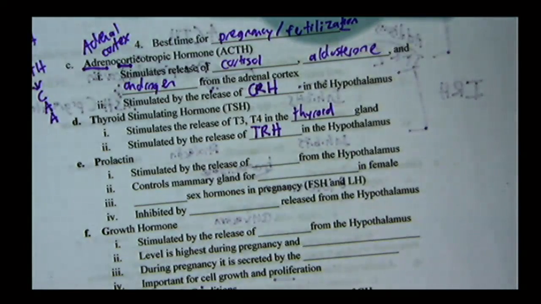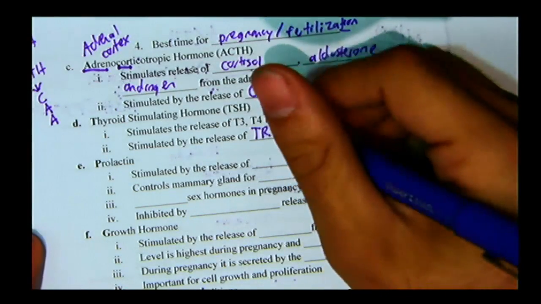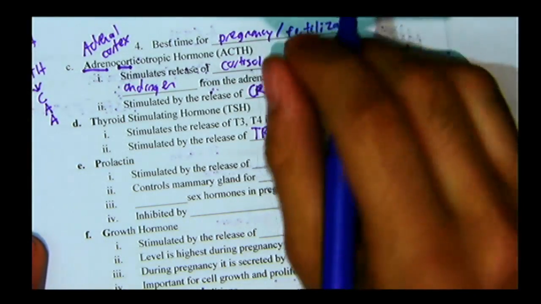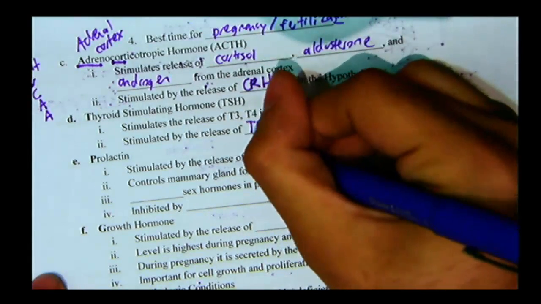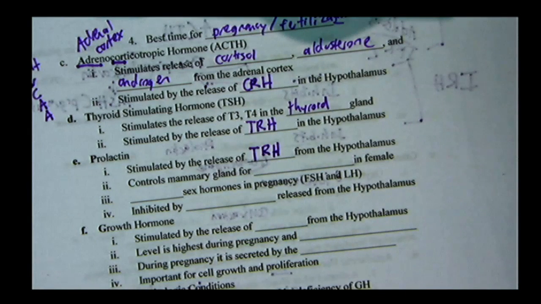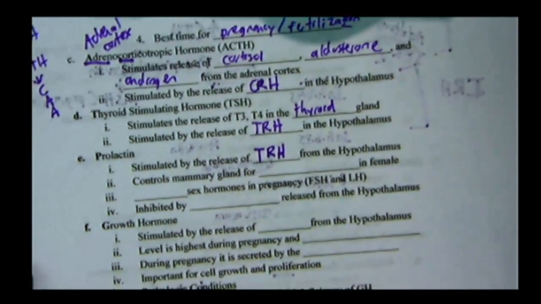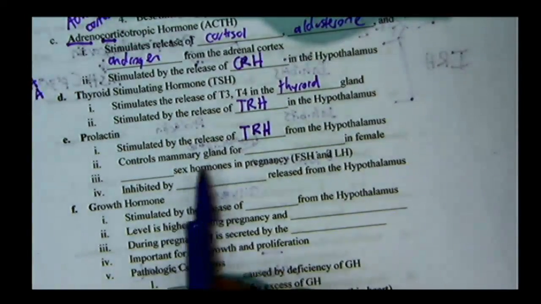So now we have prolactin. That's stimulated by the release of what in the hypothalamus? TRH, right? Definitely remember this, because if you remember that thyroid hormones and prolactin are somehow related, it'll help with the clinical cases that we'll eventually get to, hopefully. Okay, cool. So prolactin controls mammary gland for what in females?